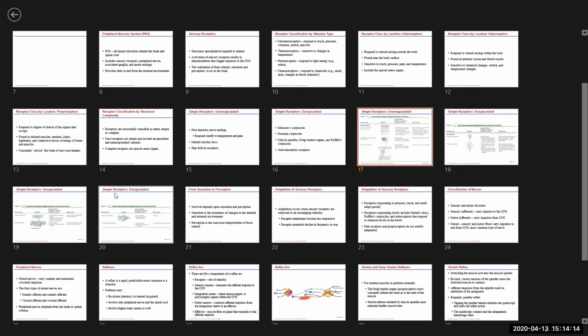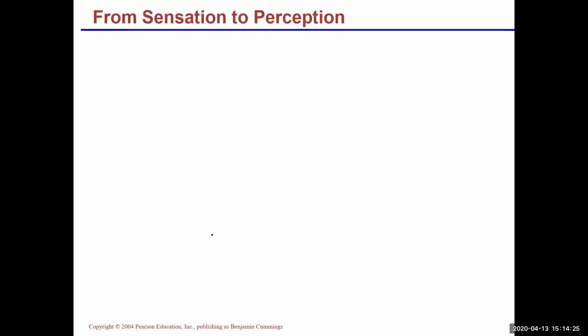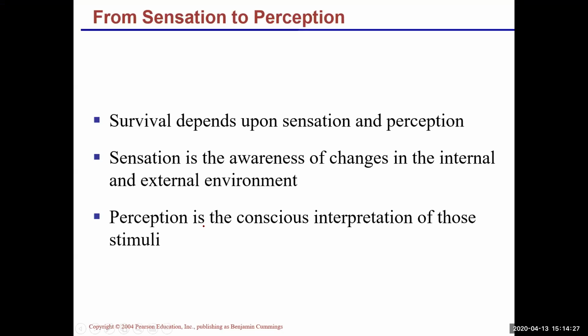So let me see if I covered everything. It looks like I did. There were just several examples of that. Now, what do we do after this? After this, you go from sensation to perception.